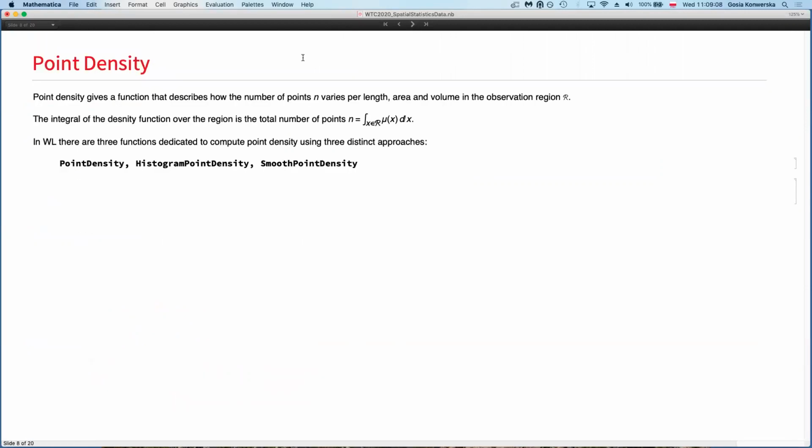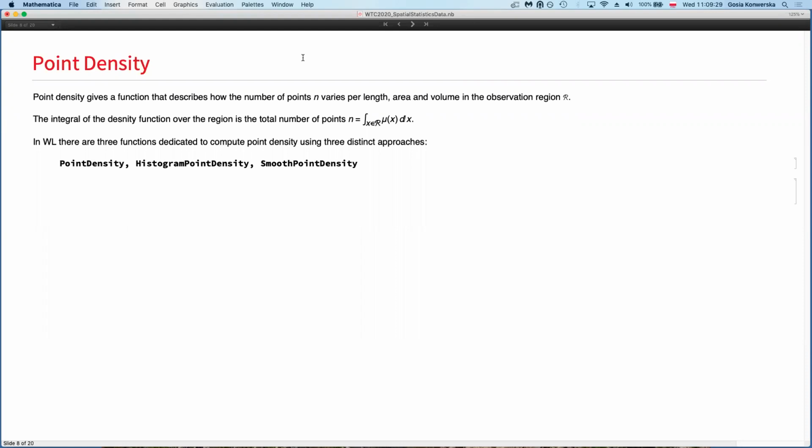Okay. In the study of data, we also want to understand how the point density varies, per length or per area or per volume, depending on which dimension you are working in. And so point density is generally a function that describes this variation.